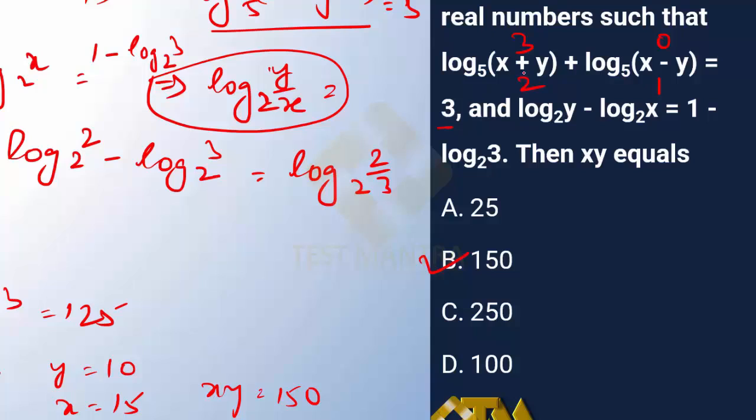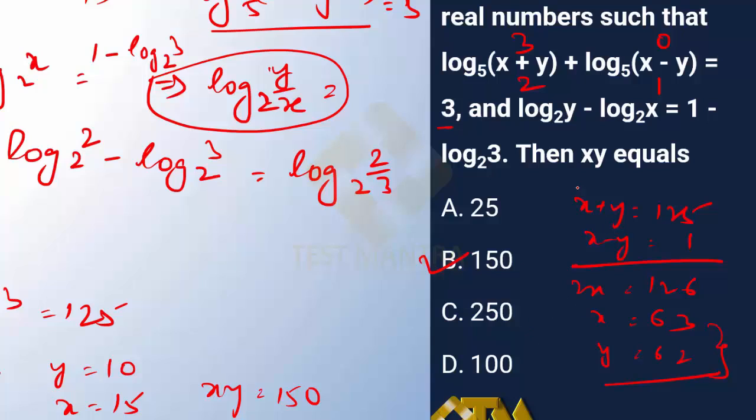So x plus y is supposed to be nothing but 125, and x minus y is equal to 1. That means 2x is equal to 126, x value is 63, and y value is supposed to be 62. But 63 into 62 is not in our option, so this part is ruled out.